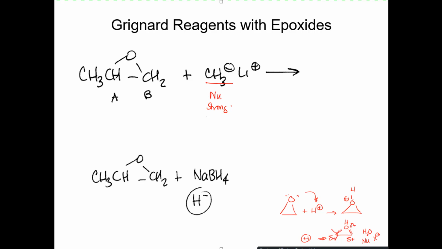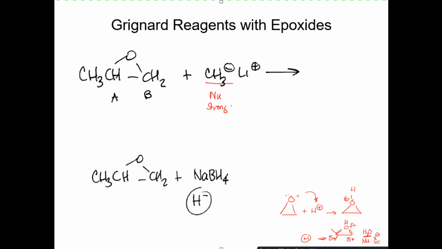Okay, now the reason I review this is because now I'm going to react this with a strong nucleophile that has a negative charge that's going to be able to come in and directly attack the epoxide and open it up. It doesn't need help. Water, and to some extent the halogen, needs help.